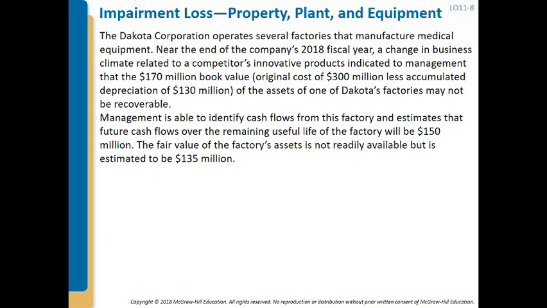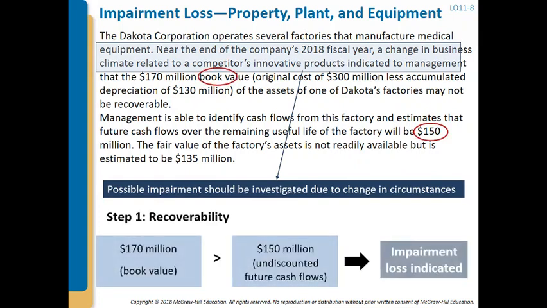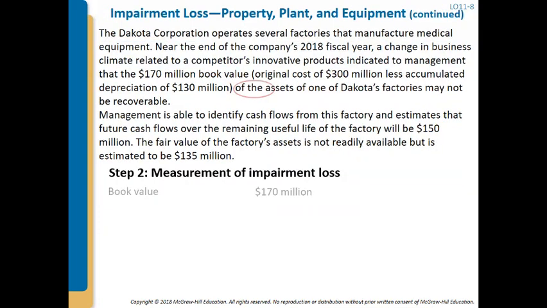And so they have to go to step 2, and the estimated fair value is 135, and the book value is 170. So they're going to take an impairment loss of $35 million.